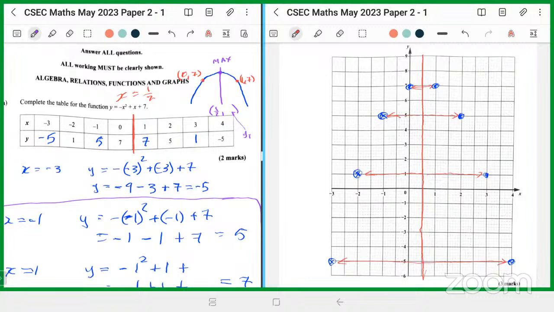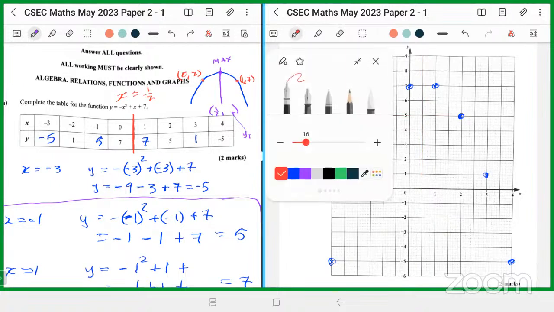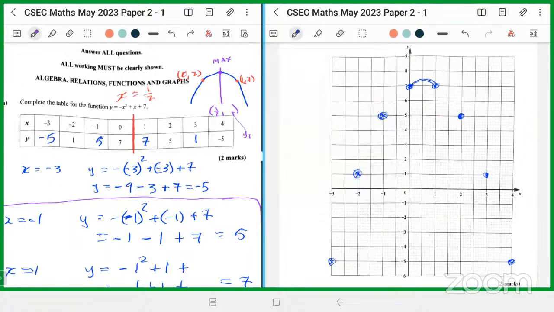That red line in the middle is our line of symmetry. The maximum point is on the line of symmetry. So if you're going to draw the curve and you don't recognize that the graph must go above here, some persons might do this and then try to come straight across here and then do that.